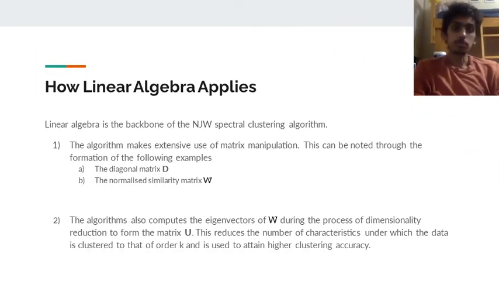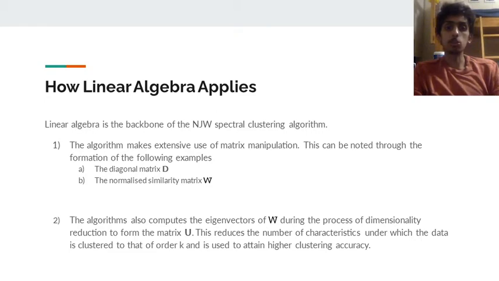Thanks, Rico. So how does linear algebra apply to our project? Well, linear algebra is the backbone of how the NJW spectral clustering algorithm works. This can be broken down into 2 parts as shown in the slide here. For the first part, it can be noted that the algorithm makes extensive use of matrix manipulation.